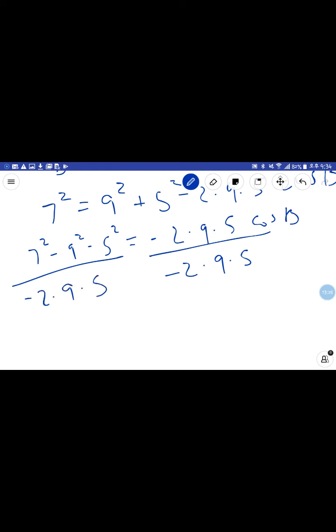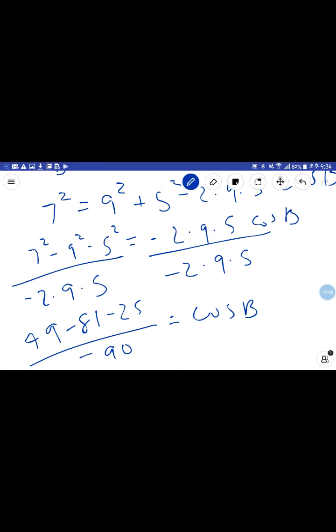Okay, now I'm going to use a calculator. I don't want to make a mistake. Alright. 7 squared is what? 49 minus 81 minus 25 over negative 90. That's going to be my cosine B, right? So 49 minus 81 minus 25 divided by negative 90.